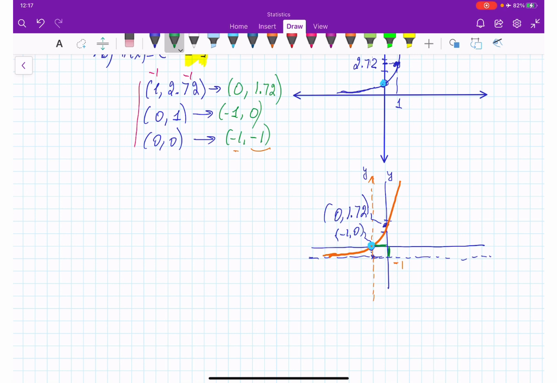So, horizontal asymptote. If you ask why this vertical line is not considered a vertical asymptote, it's because it's crossing. Simple as that.